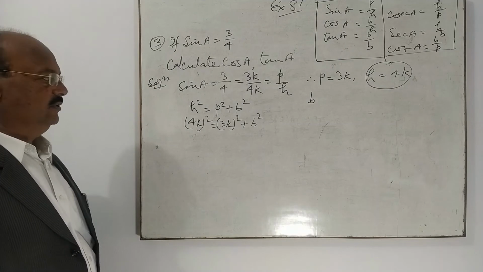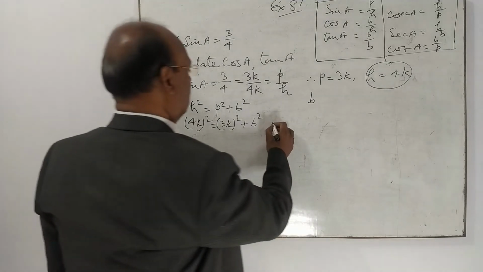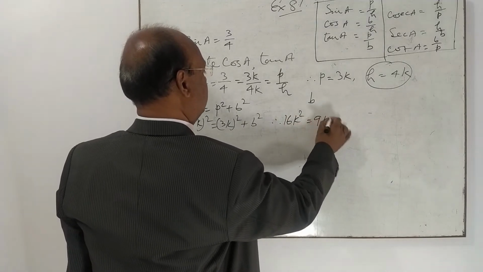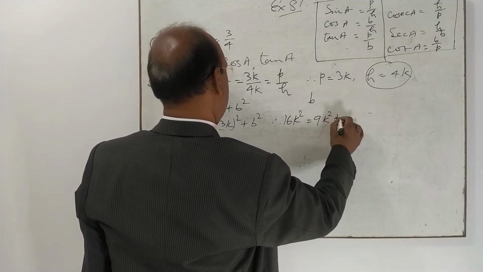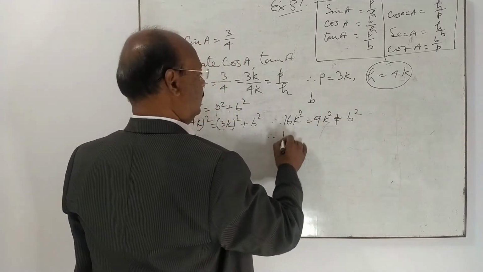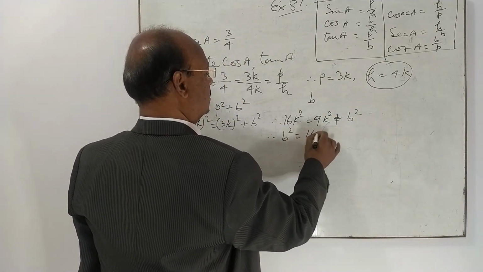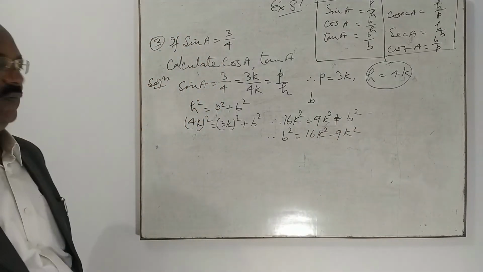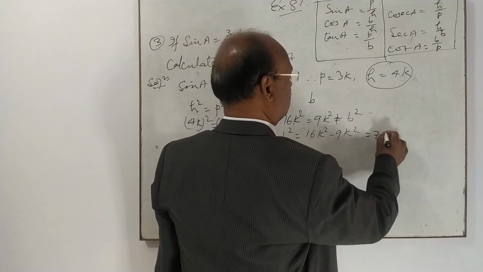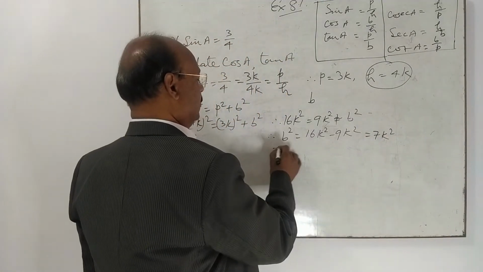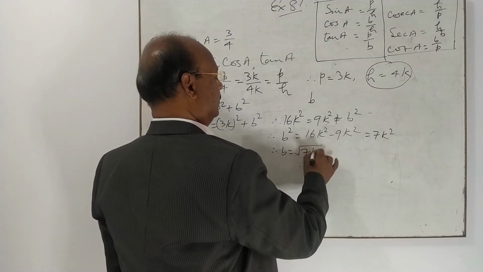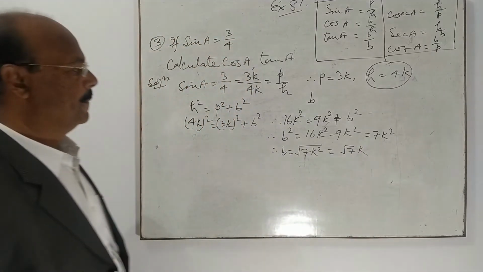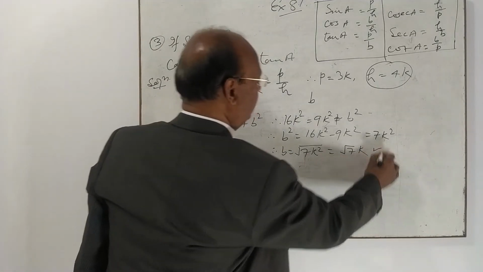So 16k square is equal to 9k square plus B square, and therefore B square is equal to 16k square minus 9k square, which is equal to 7k square. Therefore B is equal to the square root of 7k square, which is root 7 into k. So now we got the value of B here.